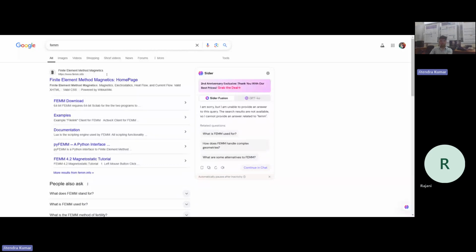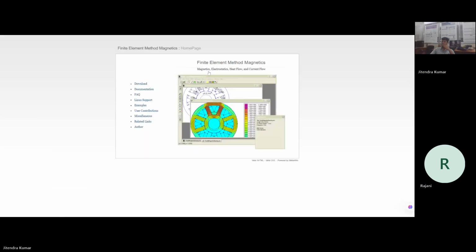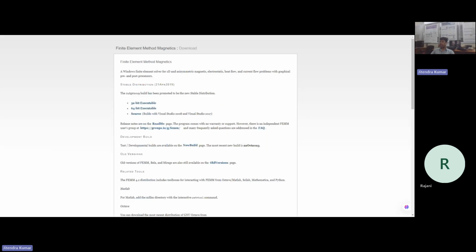Are you able to see FEMM? Yes, sir, I can. So this is the finite element software for magnetics. Here you could go to the download tab, and for 64-bit, you'll be able to download this.